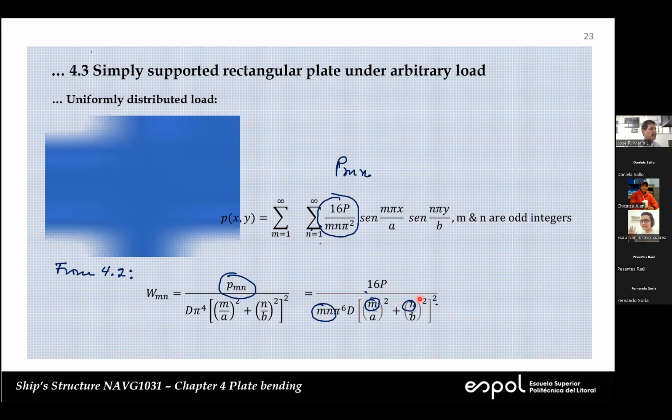I don't know if we checked units in this case. It would be nice if we did. What are the units of P?